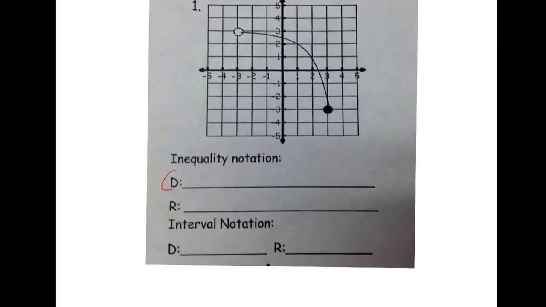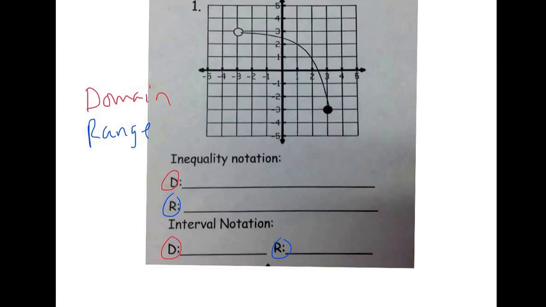Red is still going to be domain. Blue is going to be range, just like the other day. So domain and range. Alright, so when we do these, we like to set up, like I said, a range of numbers of how far across the graph goes.